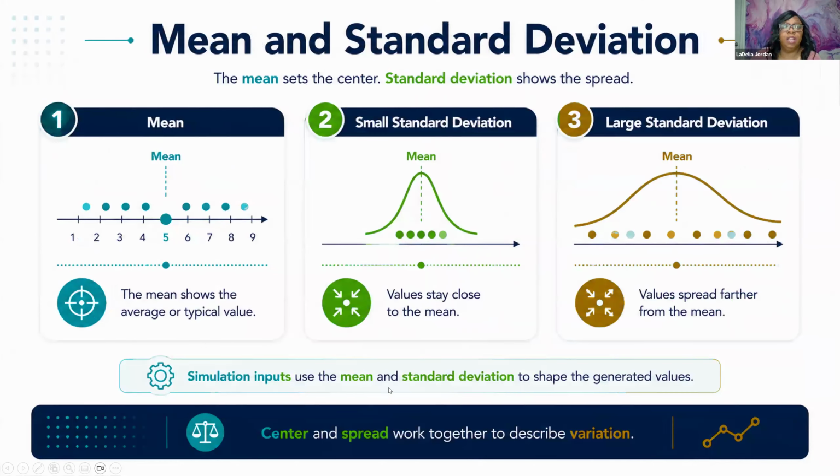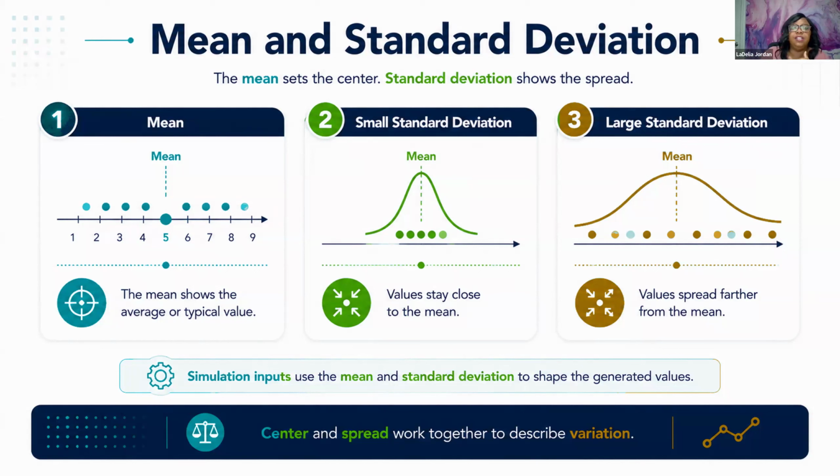Now, mean and standard deviation. The mean gives us the center of the values we want to simulate. If the mean number of registrations is 165, the generated values should generally cluster around 165. The standard deviation describes the amount of spread around the mean.